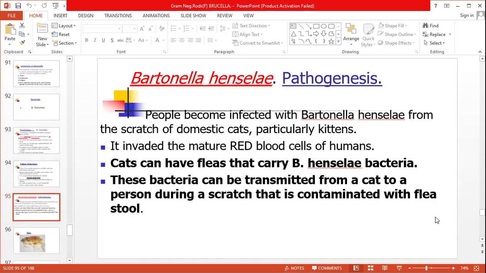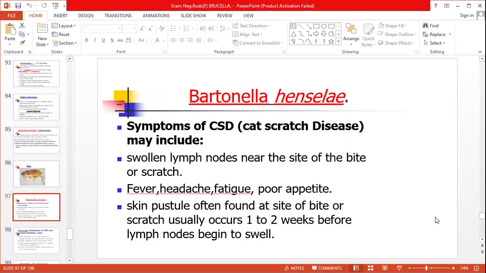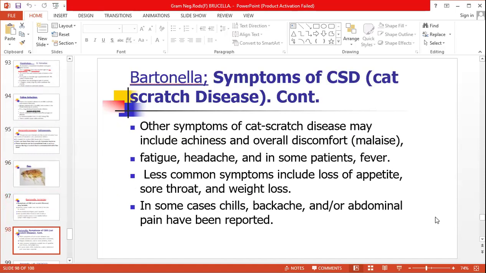Cats can have fleas that carry Bartonella bacteria. These bacteria can be transmitted from the cat to the person during a scratch contaminated with flea stool. Symptoms of cat scratch are swollen lymph nodes near the site of the bite or scratch, fever, headache, fatigue, and poor appetite, and skin pustules.